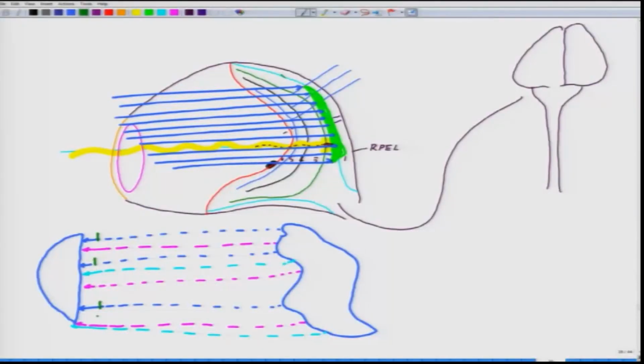So, if these are the first set of lights which are reaching here, 1 1 1, and these are the second ones, 2 2 2, third one is 3 3, like that. There could be millions of such points which will be hitting out here.